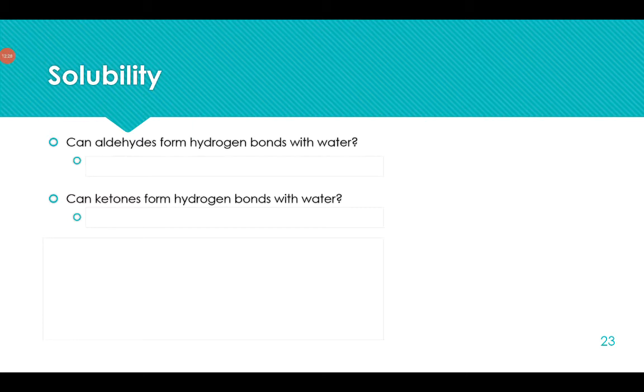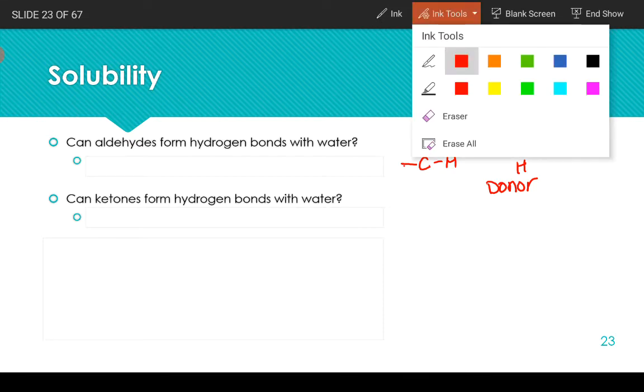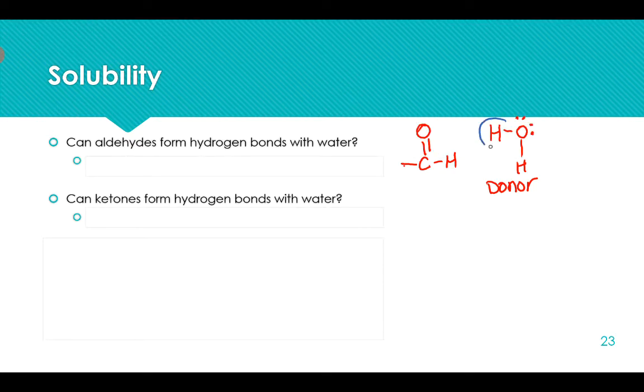Now when we talk about solubility, we have to think about our aldehyde or our ketone with water. Can we form hydrogen bonds with water? We couldn't form hydrogen bonds between two aldehyde molecules because we didn't have a donor. But water can act as a donor because it has that hydrogen here.